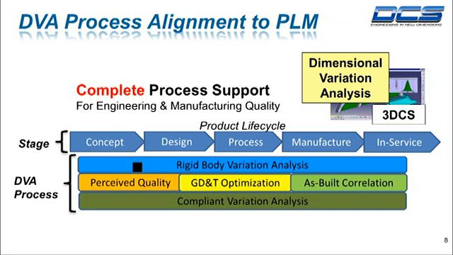And then the last item we see is as-built correlation, and this is the one that is probably the most still least applied and still greatest opportunity for growth and improvement in not only the quality of products, but in realizing and optimizing the cost of realizing quality products. That is actually collecting measurement data.